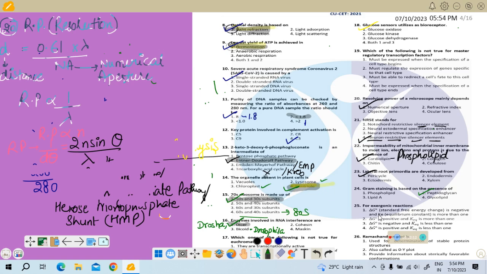Then for exergonic reactions, delta G or standard free energy change is negative and Keq is more than one. More than one means forward reaction. Then second option is delta G is positive and Keq is more than 1, delta G is negative and Keq is less than 1, delta G is positive and Keq is less than 1. Less than 1 means reverse reaction.